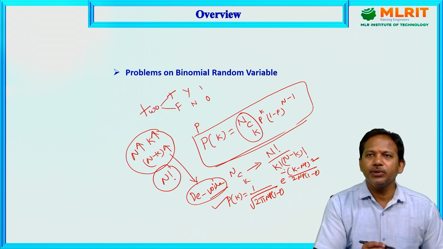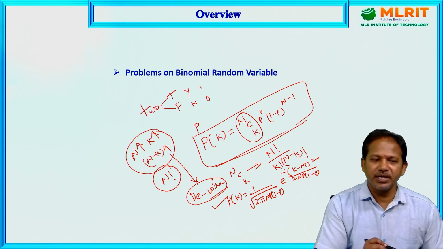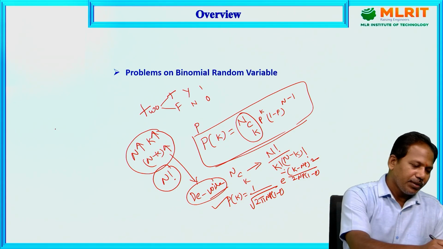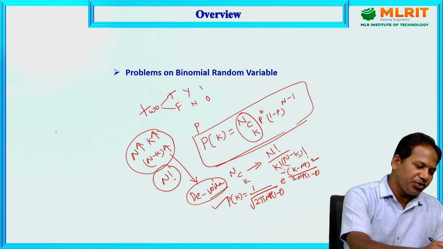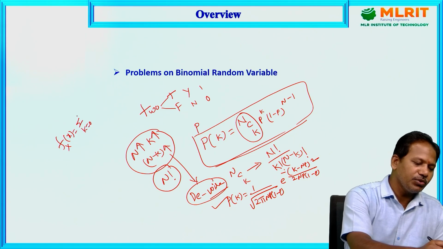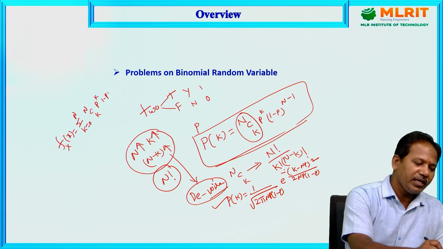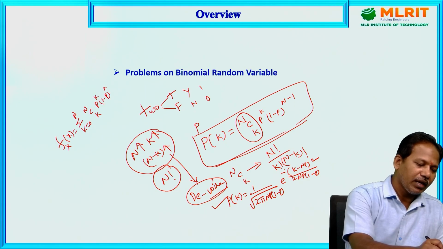Now, we need to discuss binomial probability distribution and density function. The binomial probability density function is fX of x equal to summation of k equal to 0 to n, nCk into p power k into (1 minus p) whole power n minus k, with delta of x minus k.